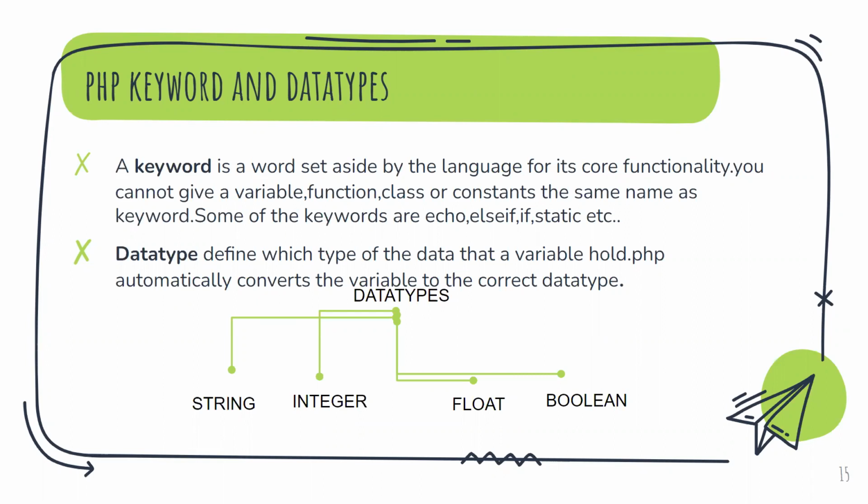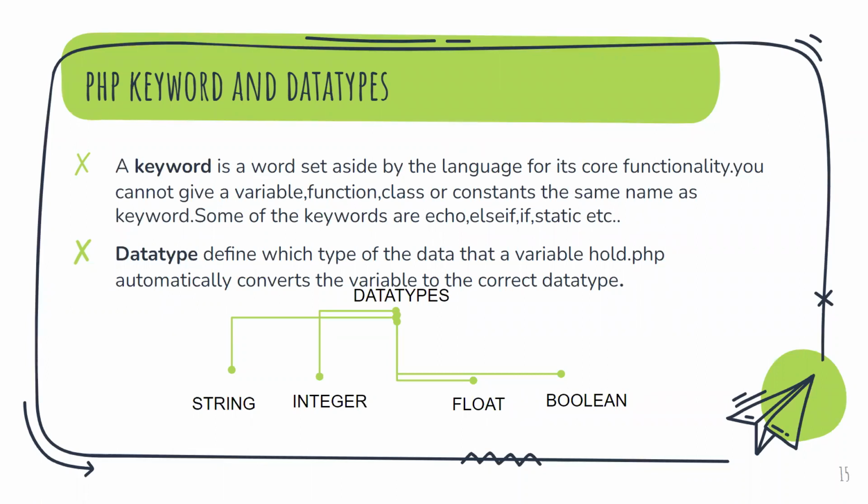Let's discuss keywords and data types. What is a keyword? Keywords are a set of characters which are set aside by the language. We cannot use keywords for naming variables or any other functions or even constants.